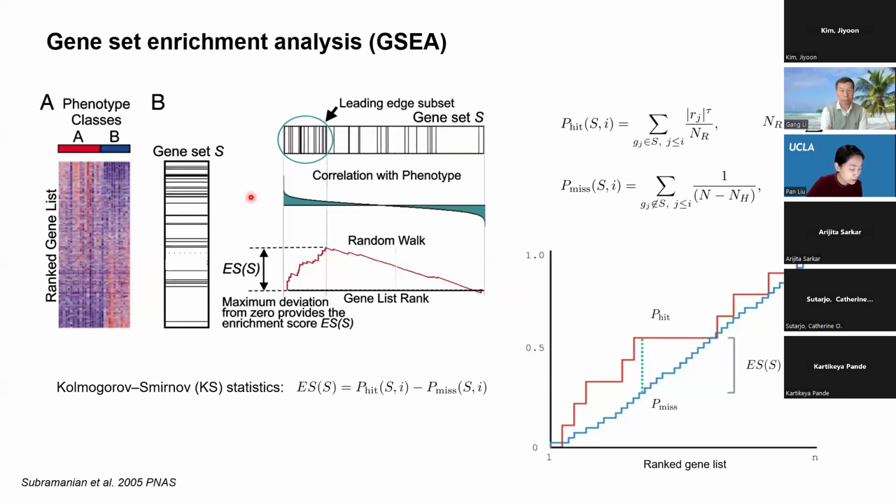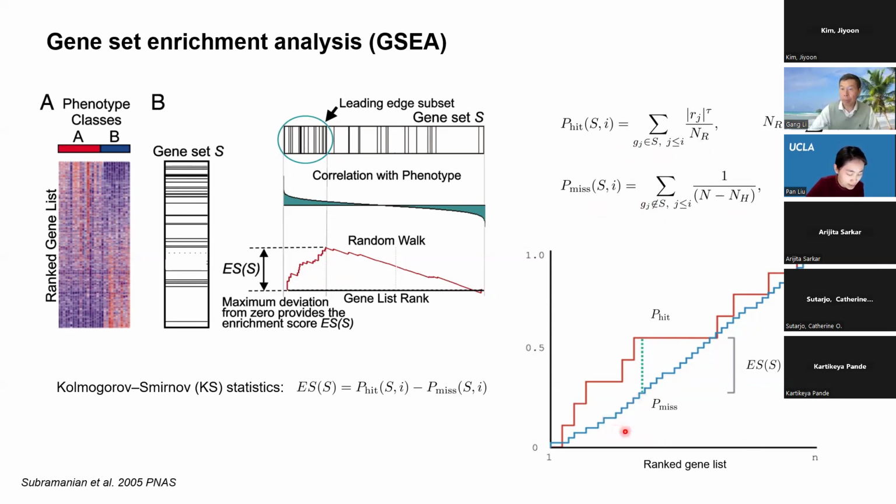And we want to measure this kind of distribution skewness by a KS-like statistic, which is P-hit minus P-miss. These P-hit and P-miss are actually two random walks, or we say two running sums in some contexts. These are the formulas for these two running sums.